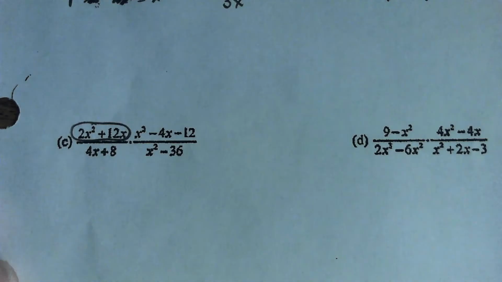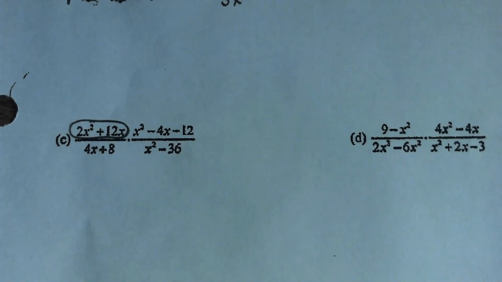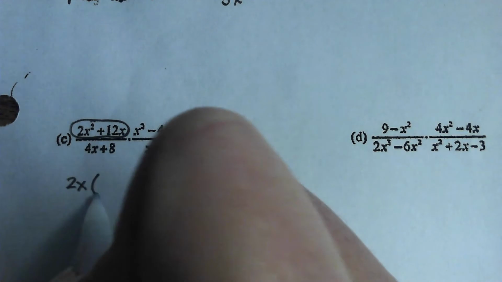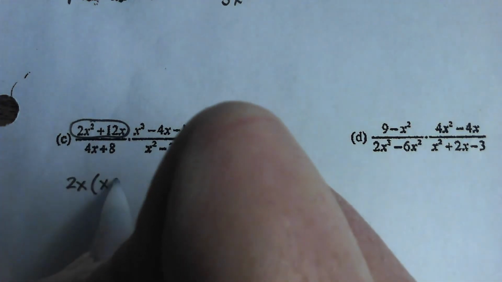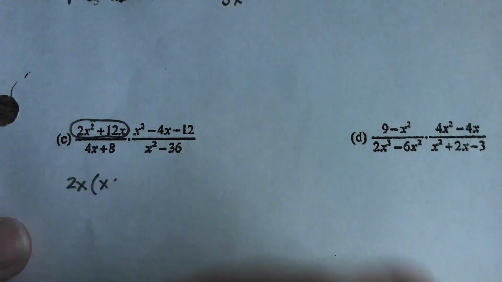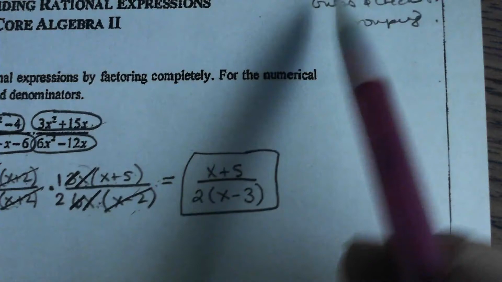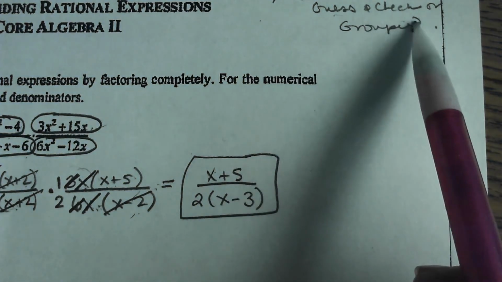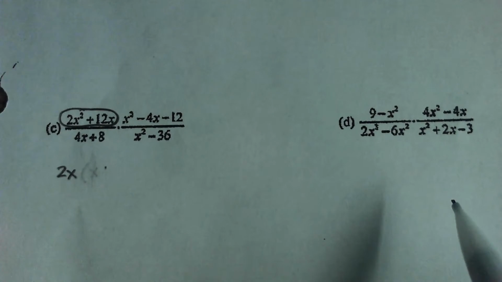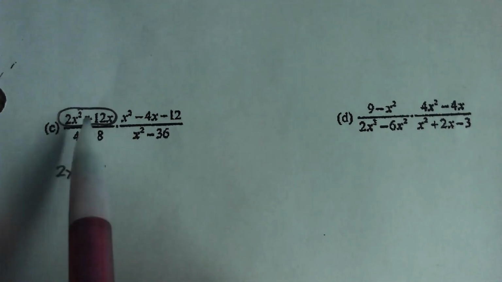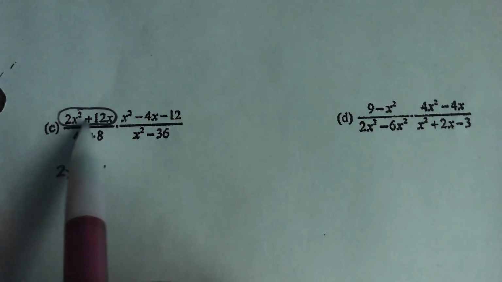So what does that first one factor into, Natalie? It sounds like you're trying to guess and check sort of factor, like you're trying to create 2 binomials, but there's a GCF here. What is the GCF that can come out of both of those? 2x.